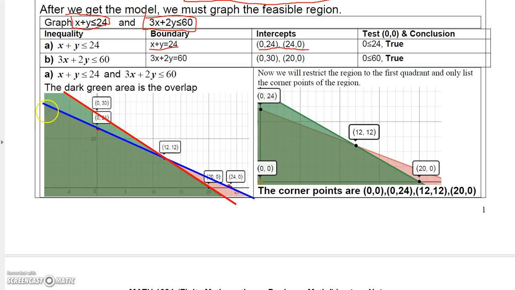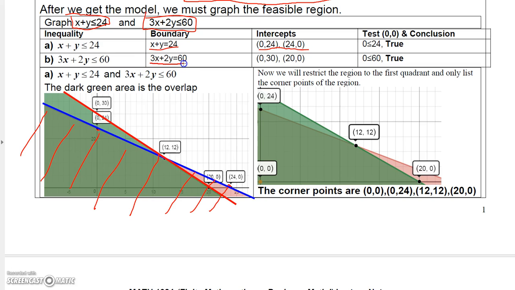So that means we would shade everything below this blue line. And that would actually give me some of this up here, right there.